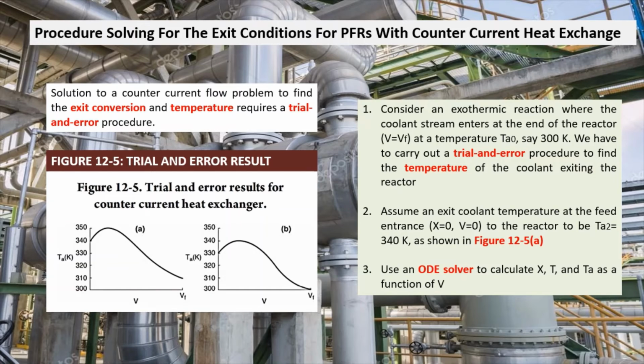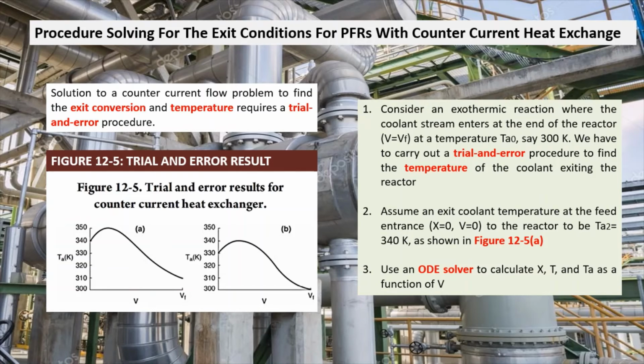So for this slide, we will explain the procedure for solving for the exit condition for PFRs with a countercurrent heat exchanger. The solution to a countercurrent flow problem to find the exit concentration and temperature requires a trial and error procedure. So first, consider an exothermic reaction where the coolant stream enters at the end of the reactor, which is V equal to Vf, at a temperature Ta0, say 300 Kelvin.